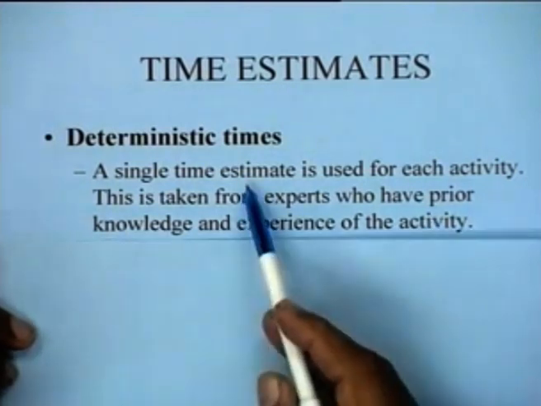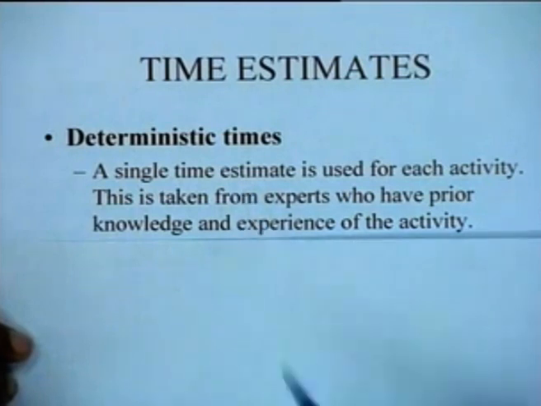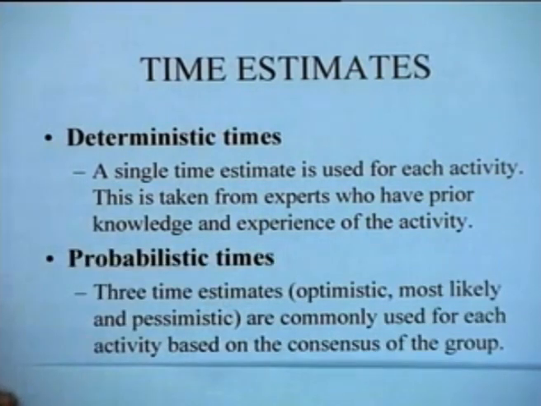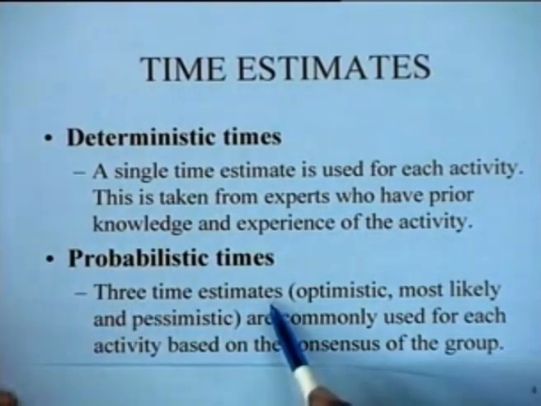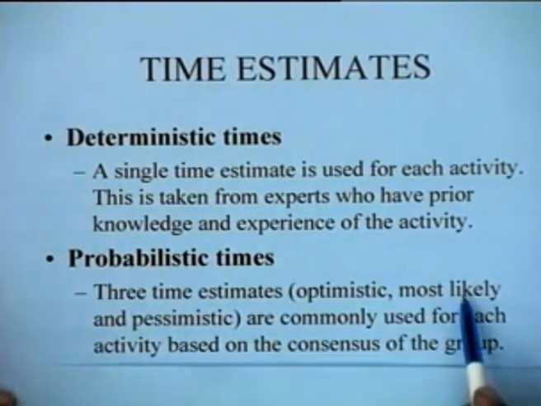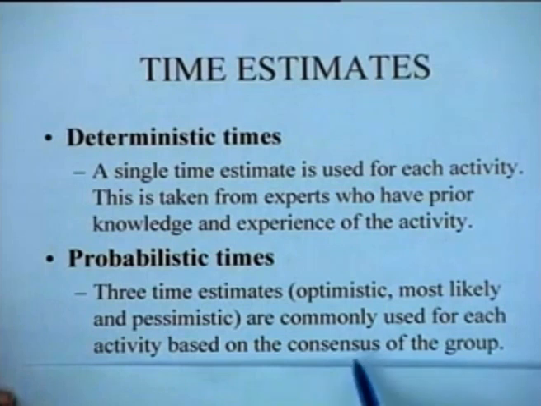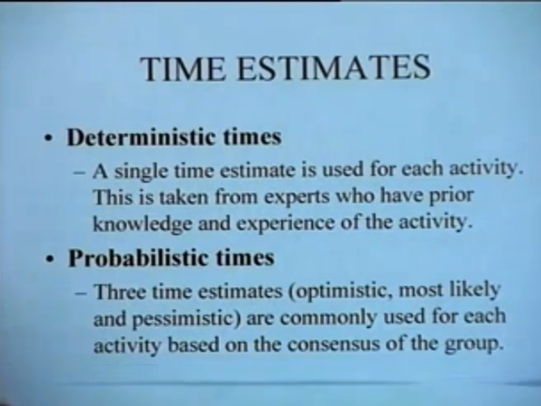So we are working only with a single time estimate for each activity, whereas in probabilistic times, typically 3 time estimates are used: the optimistic, most likely and pessimistic, and for each of these activities, these are generally obtained based on a consensus of the group of people who are working on these various jobs.